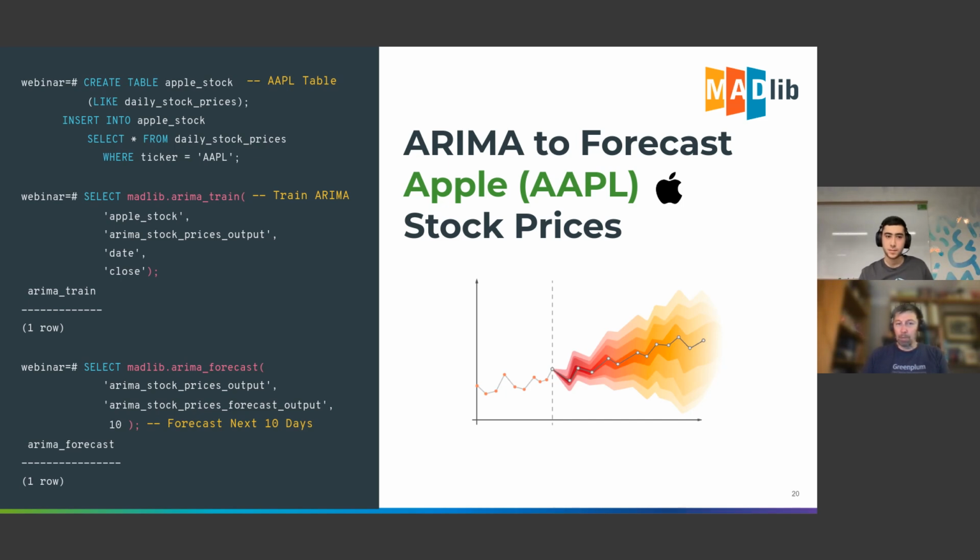First of all, we're going to train on the close price, so we're using the Apple stock table as the input. Then we choose the date and the close price, and the prices output is where the result of the training goes. Then we use that to write our forecasting into our forecast output table.